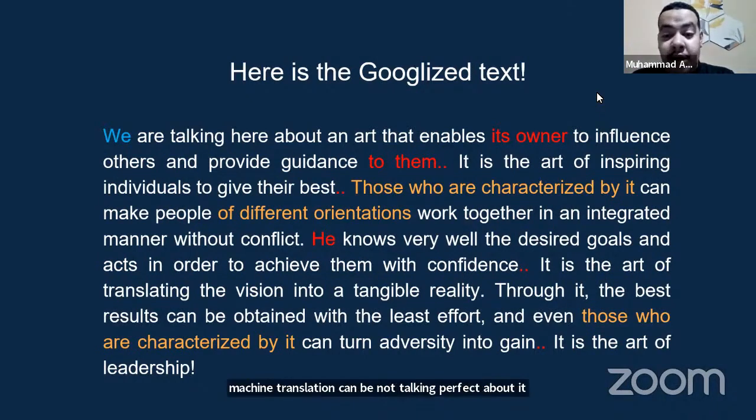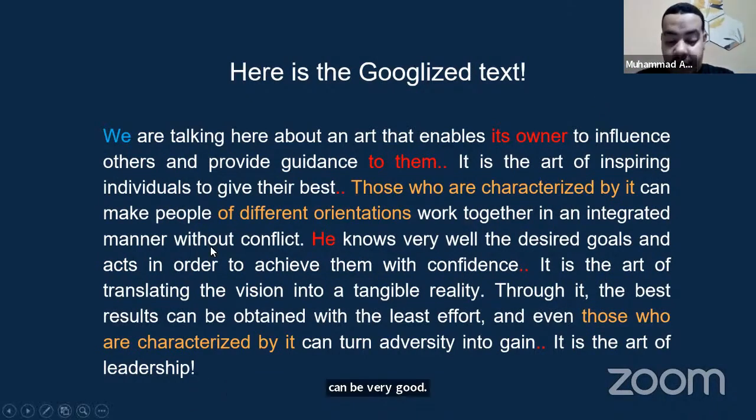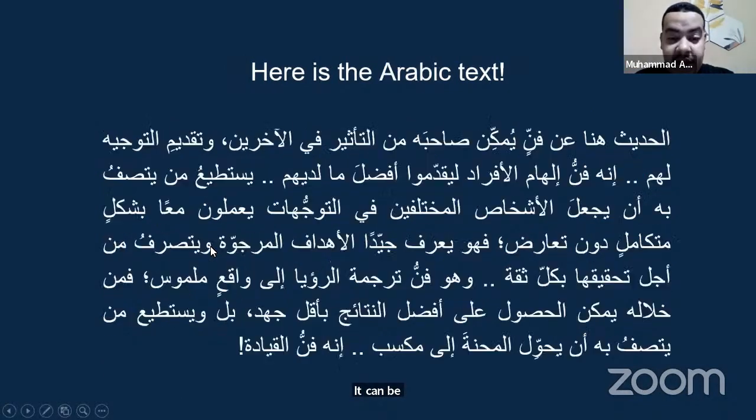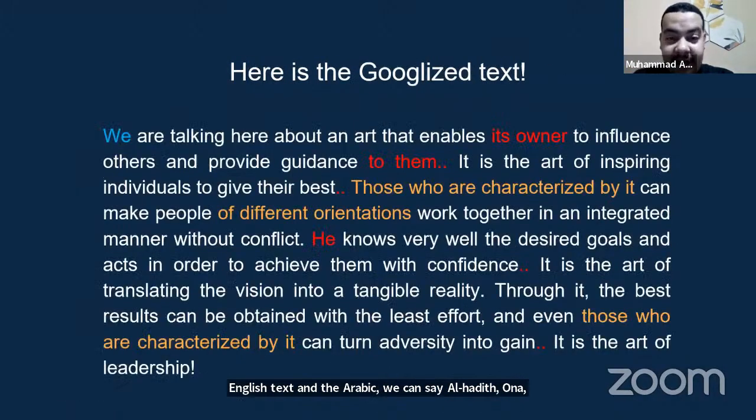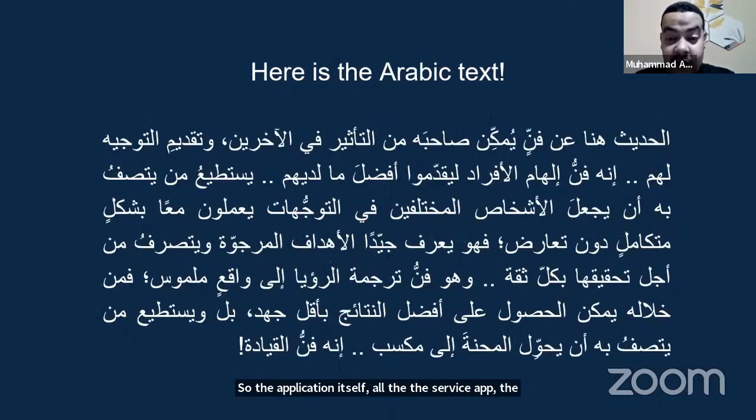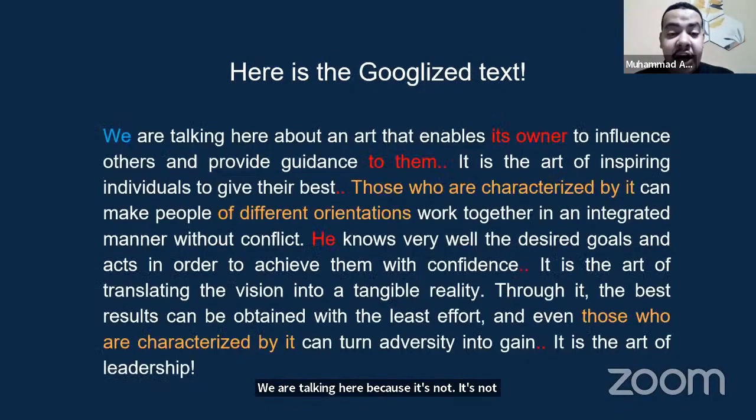It can be reliable. So when we compare this English text and the Arabic, we can say الحديث هنا عن فن. So the application itself, or the service, added the pronoun "we are talking here", because it's not mentioned there in Arabic. But if you're going to provide a human translation, you are supposed to add this.